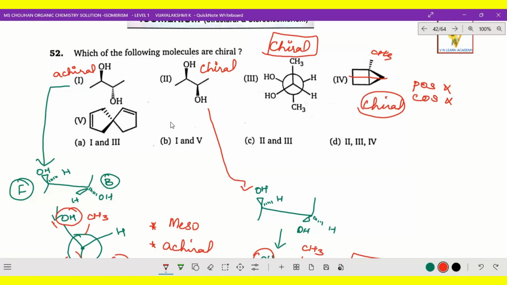Now we are coming to the fifth compound. See, the same thing, we just cut in the middle, because it looks symmetrical, but whether it is chiral or not, let us check. In this compound, the pentagon, the thickness is more, it is a flipping way.